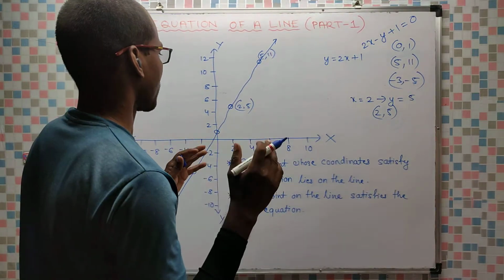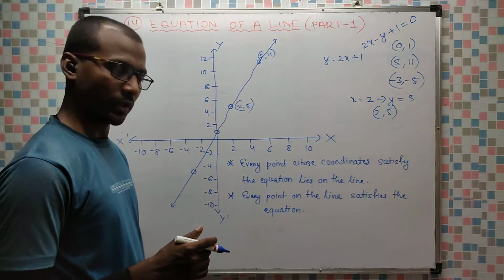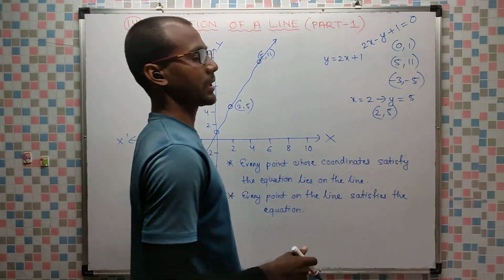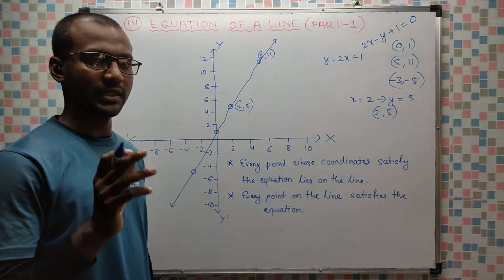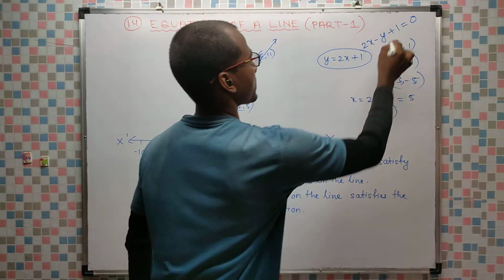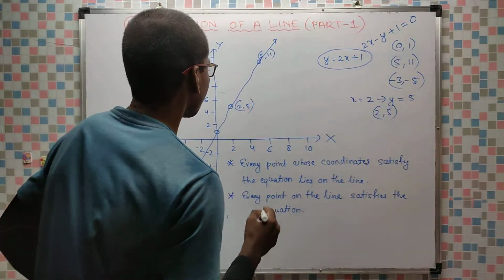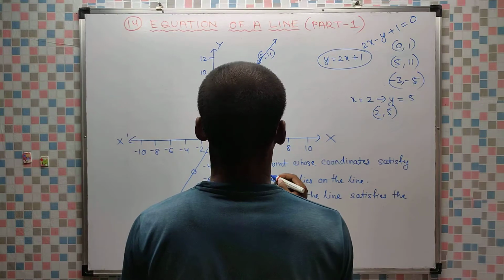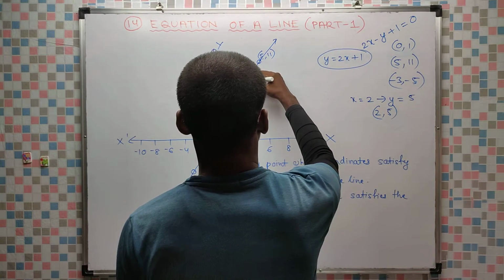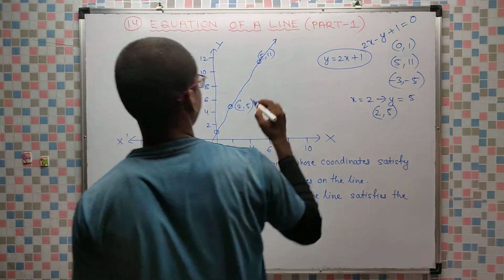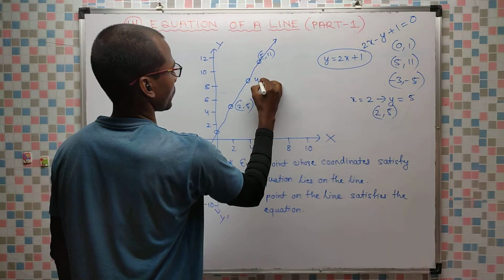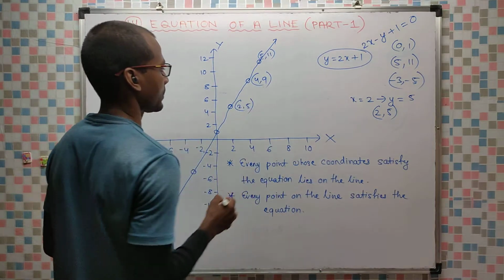Now let's take a point randomly on the line, put its coordinates in the equation and verify whether the equation is satisfied or not. Suppose I am taking (4, 9).